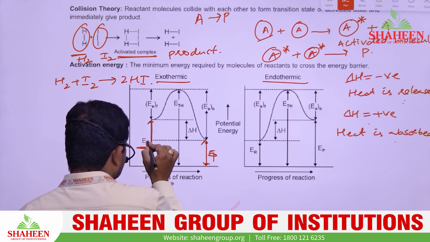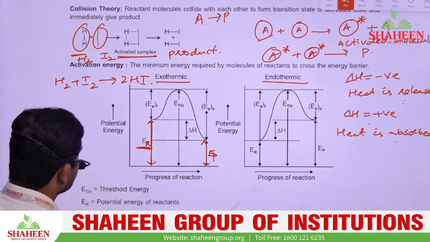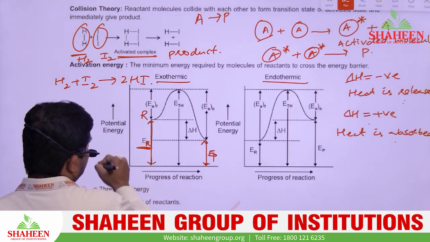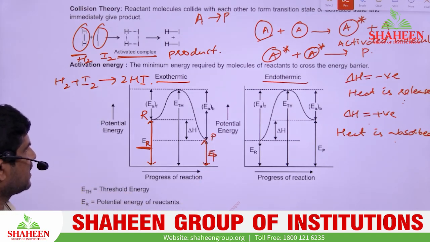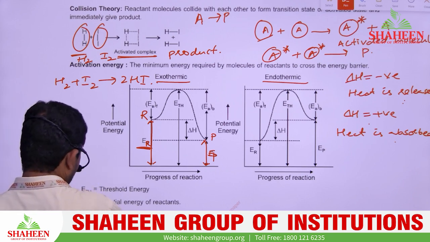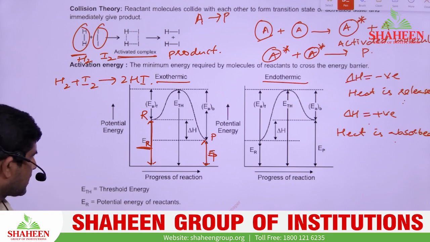Here reactants are present, and here product is present. ER is the potential energy of reactant, and EP is the potential energy of product.